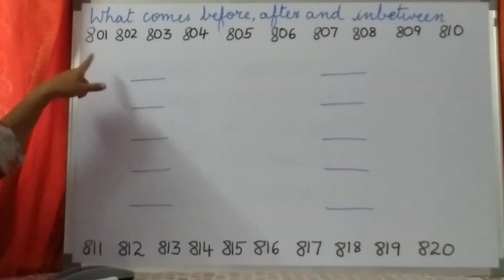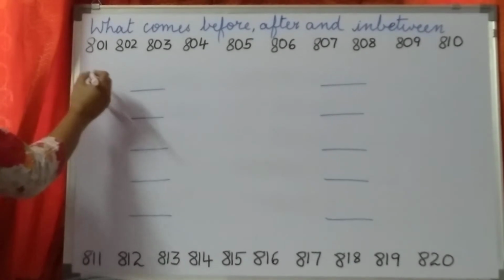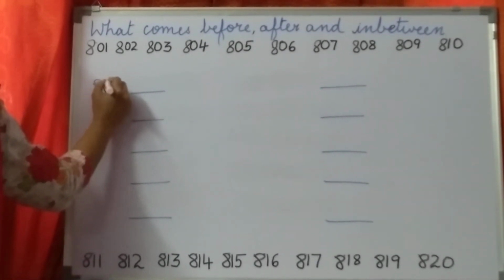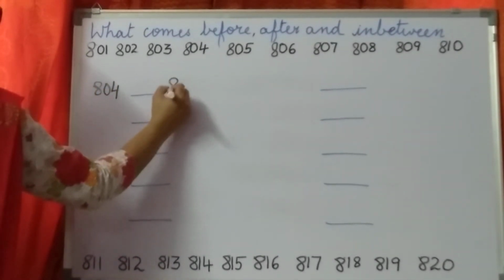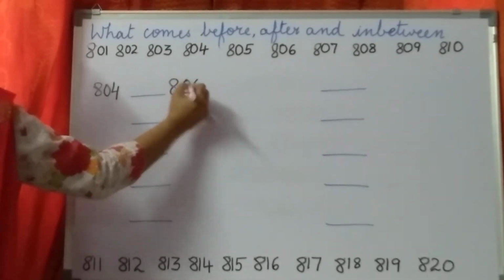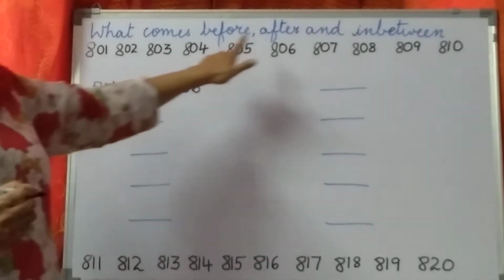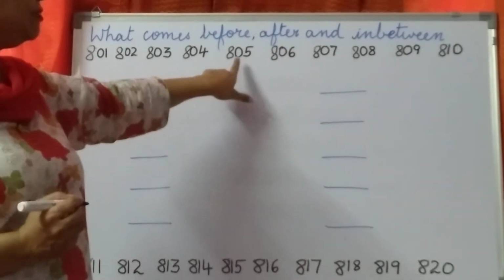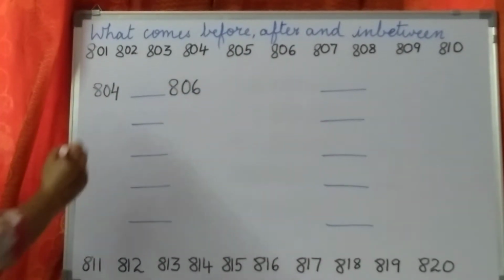Now I've changed the number again for you. So 804 and 806. Okay, 804 and 806. So what comes in between? 805.